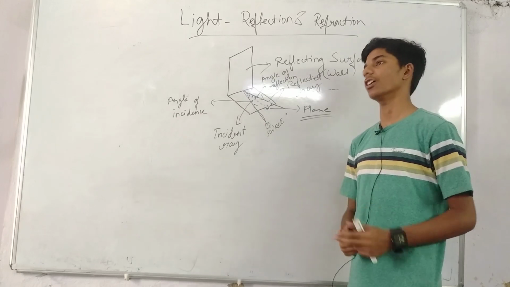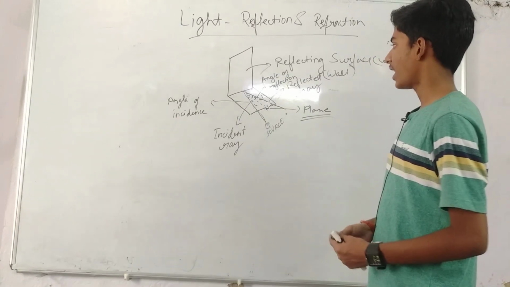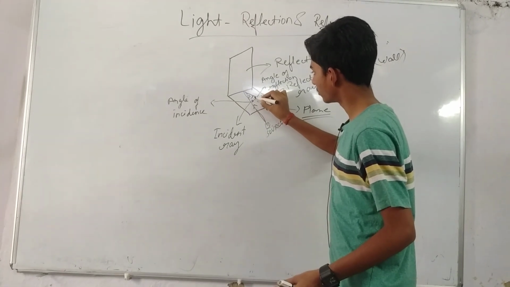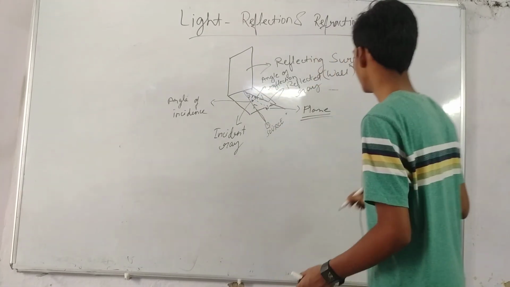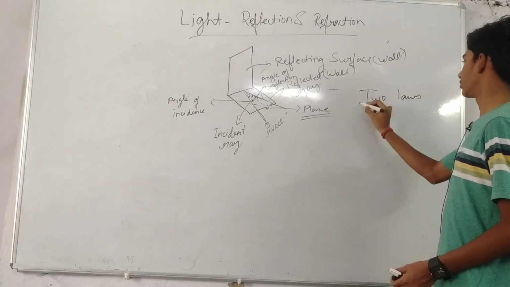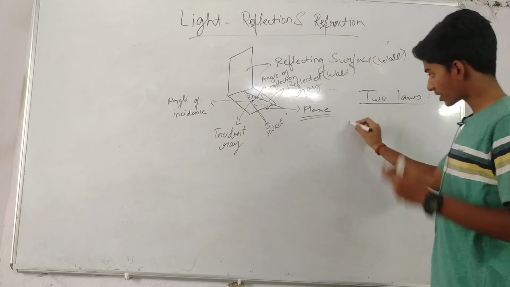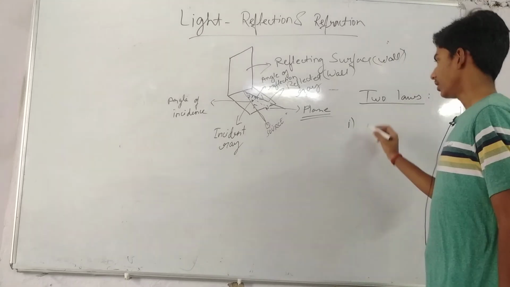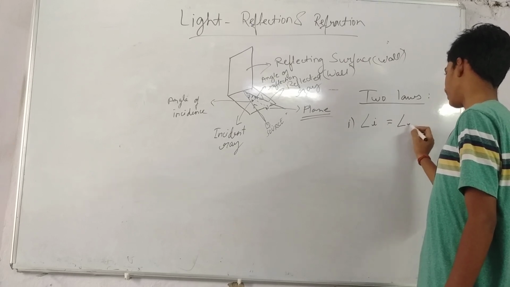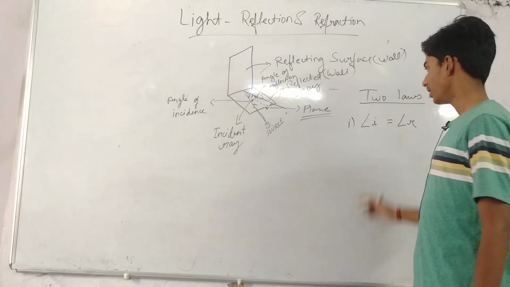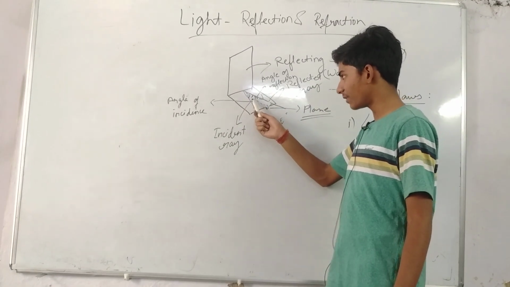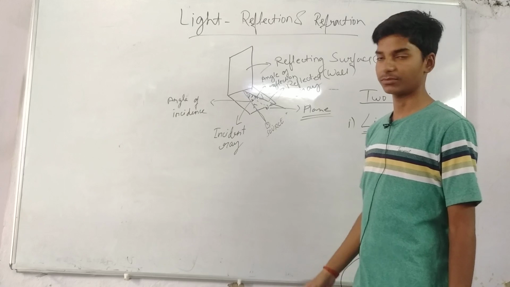Now reflection has two laws, which we studied earlier. First is that the angle of incidence will be equal to the angle of reflection. This is the first law, which means this angle of incidence will be equal to the angle of reflection.